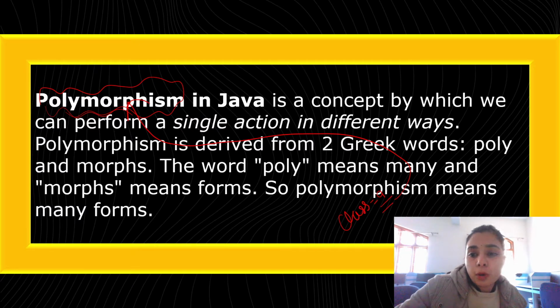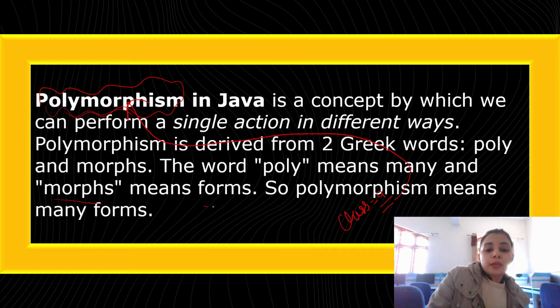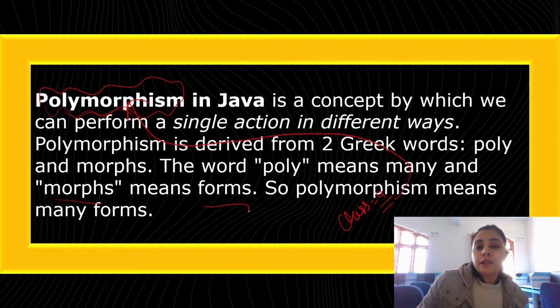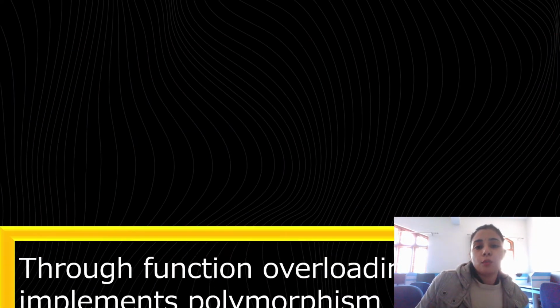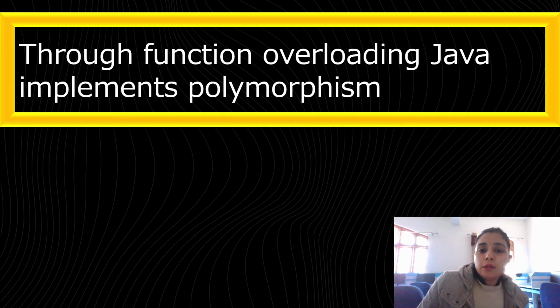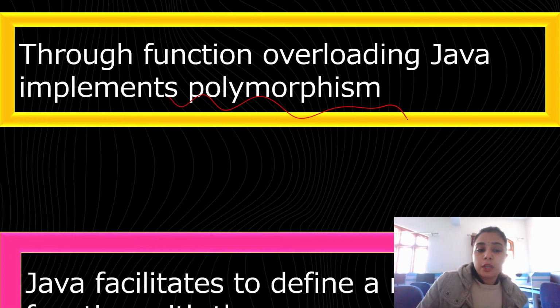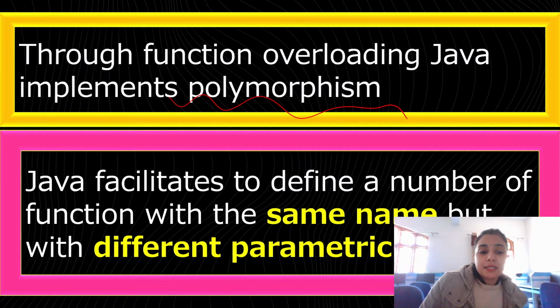Poly means many, and morphs means forms, so polymorphism means many forms. Through function overloading, or method overloading, Java implements polymorphism. Java lets us define a number of functions with the same name but different parameters.